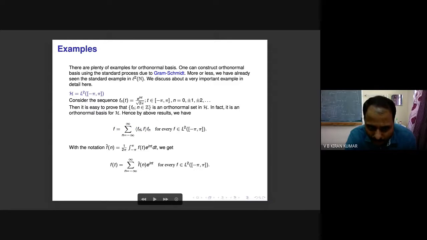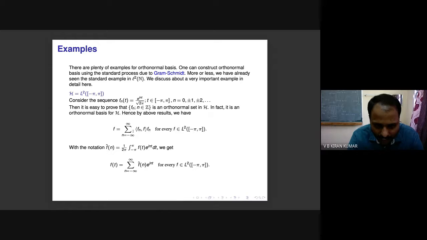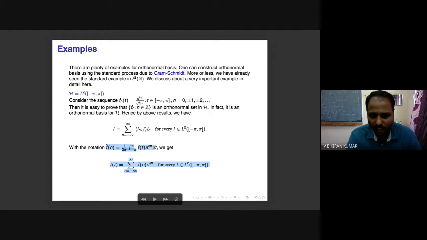But what is the inner product of f and f_n? It is the integral of f times f_n bar. In other words, there will be a minus sign here, which I missed. You denote this by f hat n. This is known as the Fourier coefficients. So what we have is that f(t) is obtained as an infinite linear sum of f hat n e^{int}.